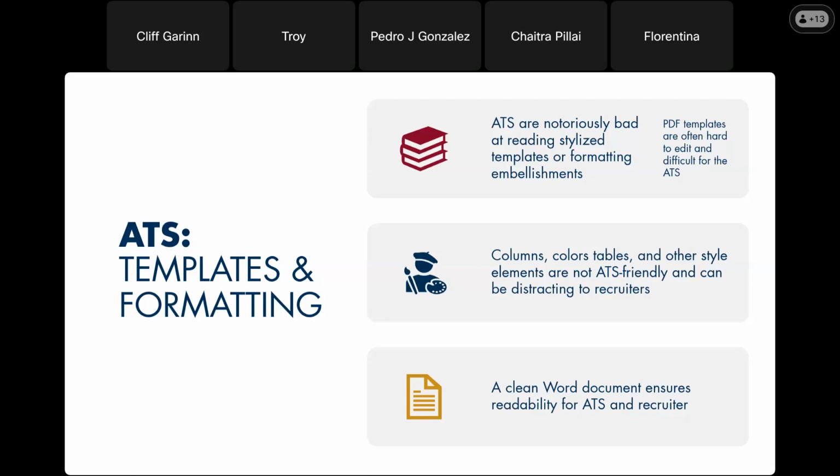Now, on our resume page at the Career Center, we do have samples that align to our degree programs. So if you're in IT, if you're in cybersecurity, for example, within IT, or just a general IT resume, we have a sample that you can look at.